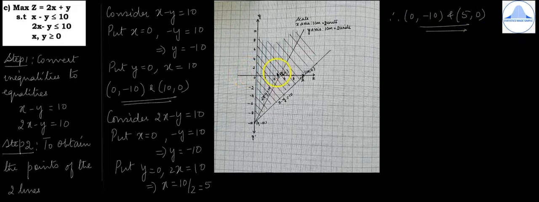So now on the x-axis, we take the scale as 0, 2, 4, 6, 8 and 10. And on the y-axis, you will have 2, 4, 6, 8, 10 and y dash will have minus 2, minus 4, minus 6, minus 8, minus 10.